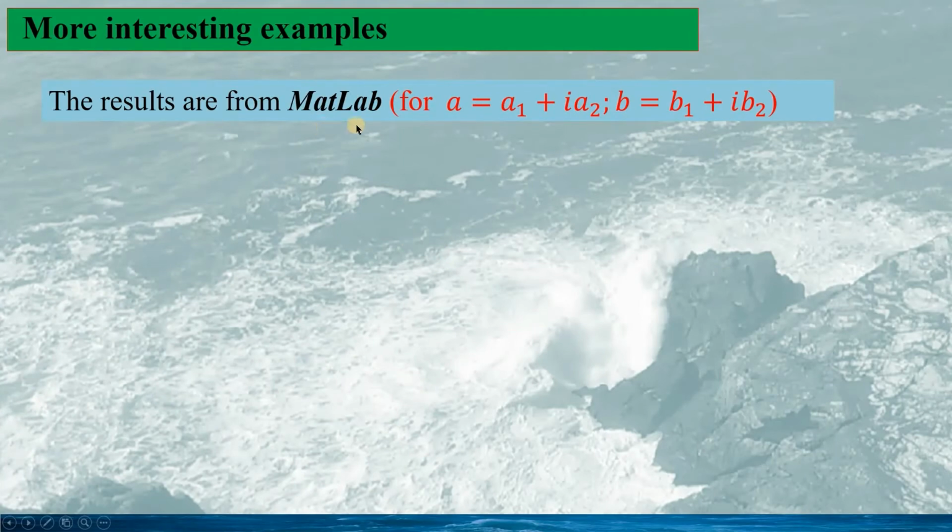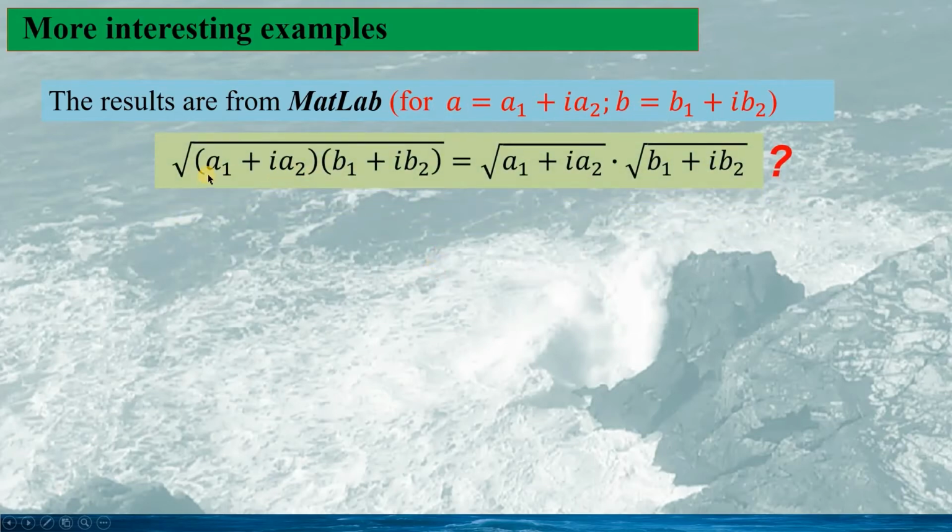So the results are calculated in MATLAB for the complex numbers a and b. So the expression of the square root of complex product, and this is the square root of a complex number times the square root of a complex number. We will see whether this relation would be correct.